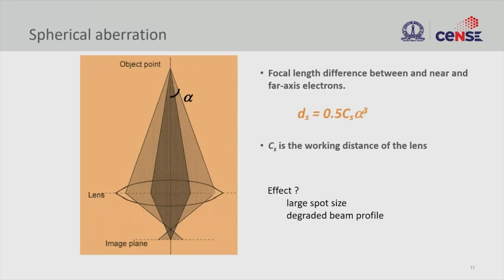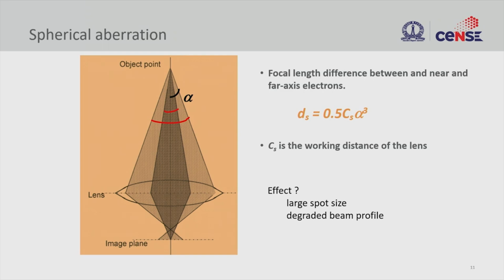So let's look at spherical aberration. Spherical aberration is nothing but the focal length difference between the near and far axis of the electron. Here you have the two beams: one is focused and the other one is dispersed.